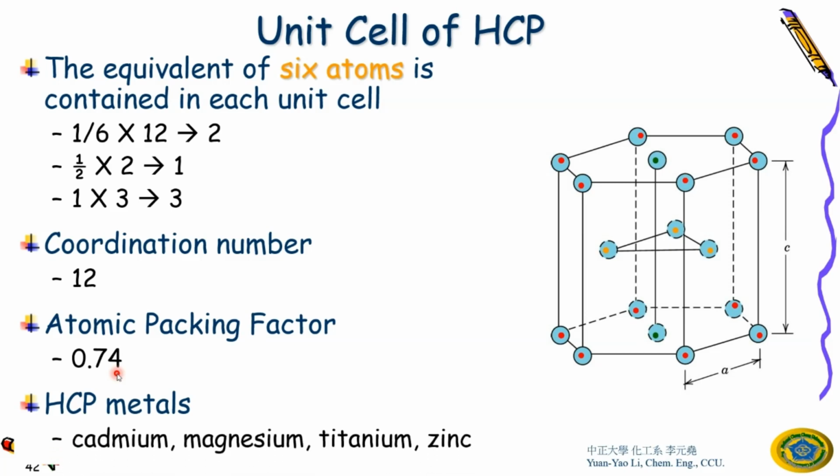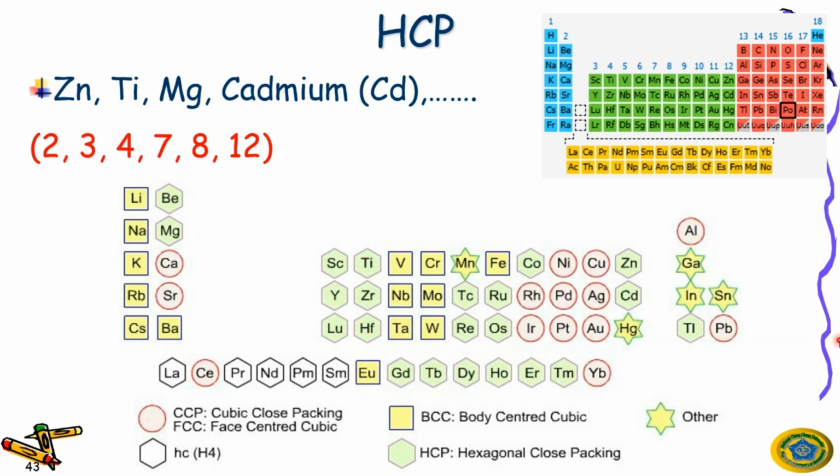HCP metals include titanium, zinc, magnesium, and cadmium. In the periodic table, as you can see here, groups 2, 3, 4, 7, and 8 contain HCP metals.